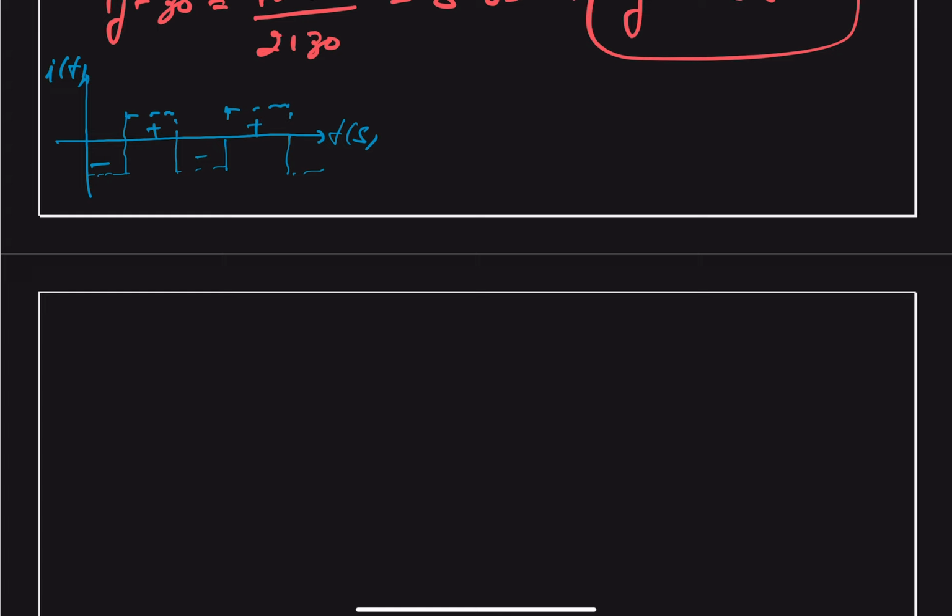So this will be our 0.2, we have here 0.4, 0.6, and here we have 0.8, and the power will be entirely constant for the entire time period.